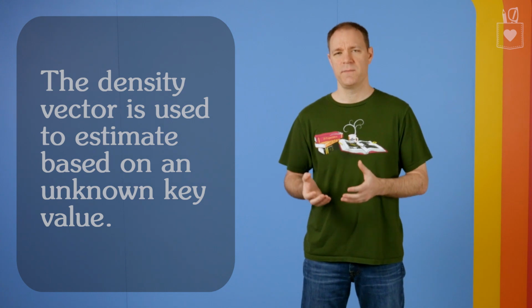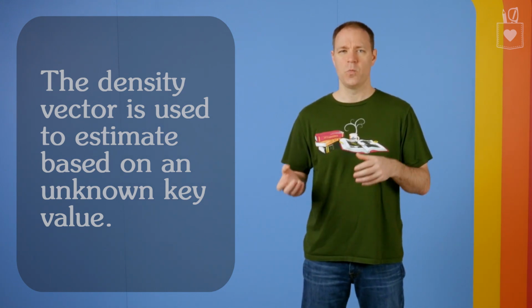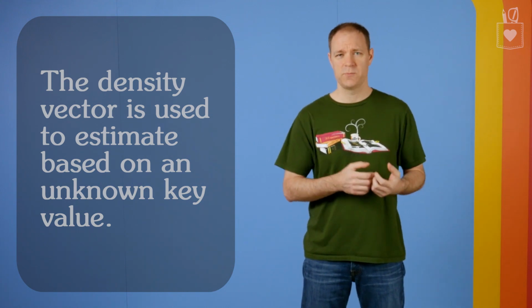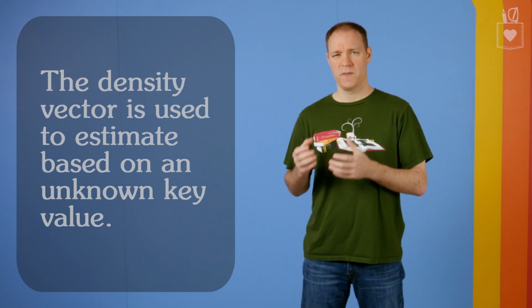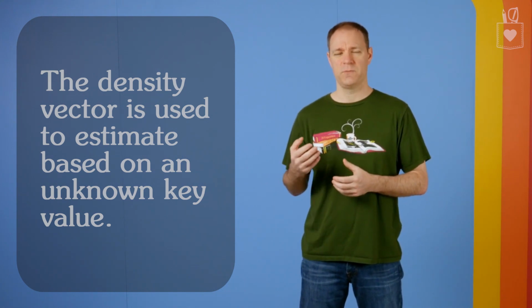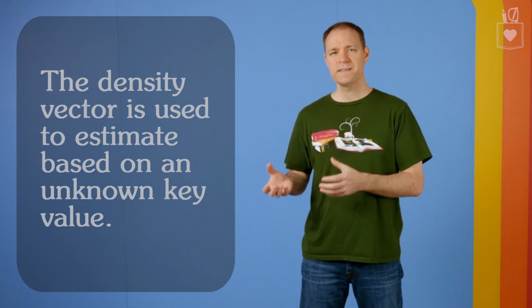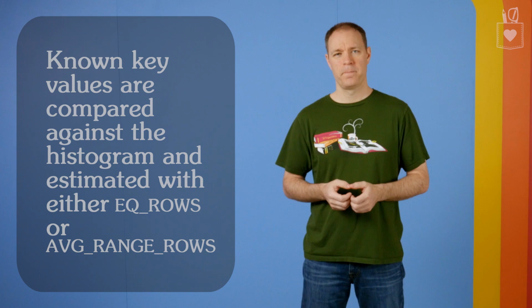The difference between them is, if the cardinality estimator is unable to see what value it needs to compare against when gathering the estimated number of rows, it will use the density vector and do some math against that to figure out how many rows it will get back. If it is able to get a value to compare with, it will go to the histogram.